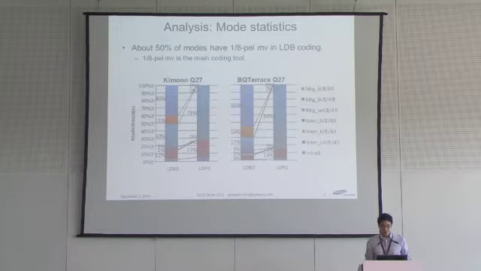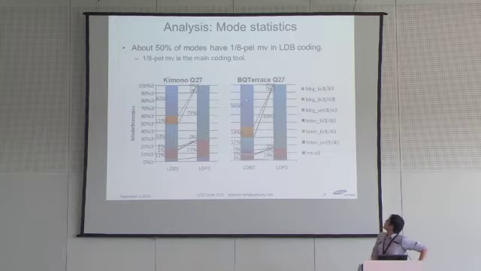So this is the analysis of mode statistics. The left side is low delay B coding, and the right side is low delay P coding for two sequences, Kimono and BQTerrace. In this figure, more than 40% or 50% are coded with merge prediction.